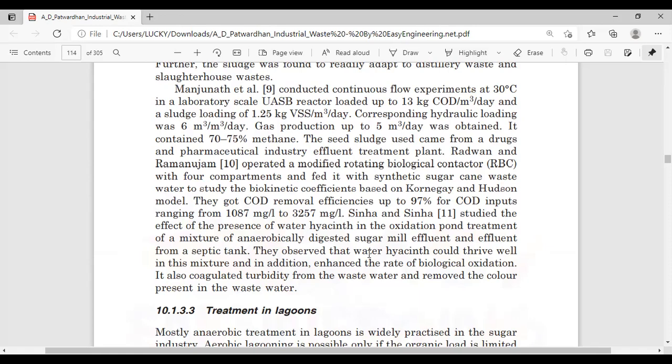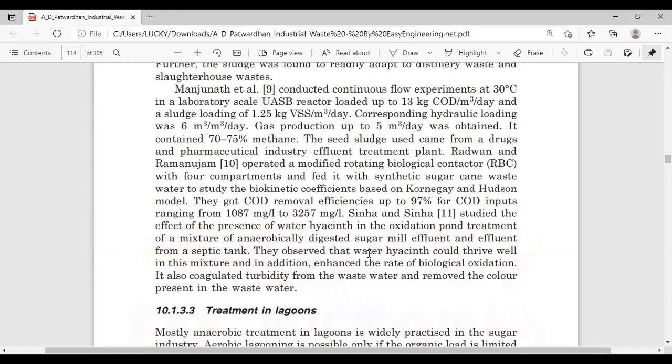They got COD removal efficiencies up to 97% for COD inputs ranging from 1087 milligram per liter to 3257 milligram per liter.